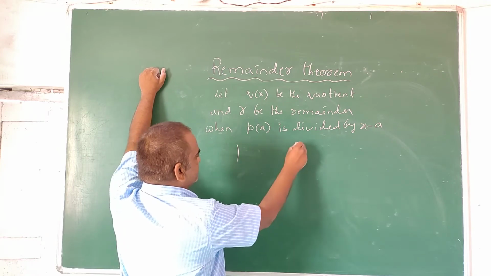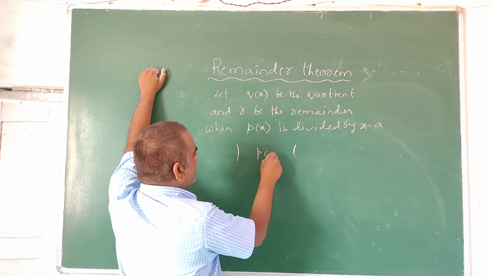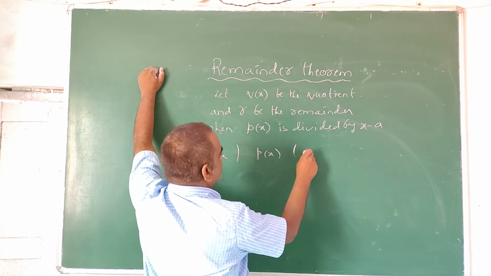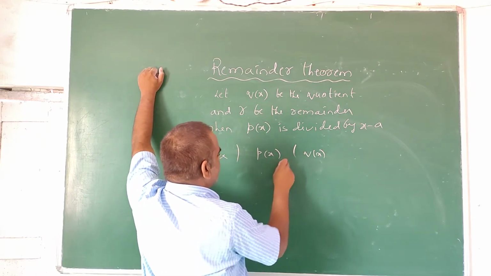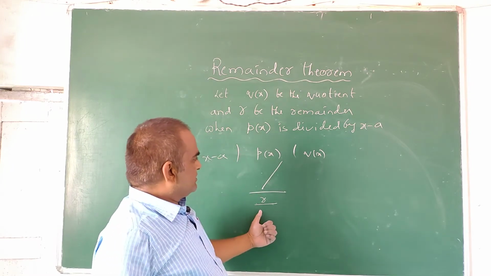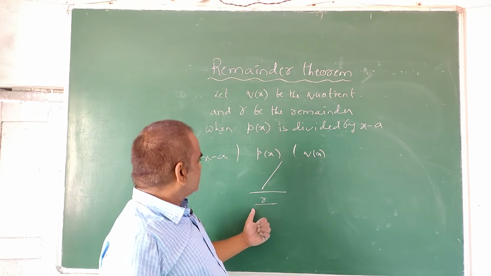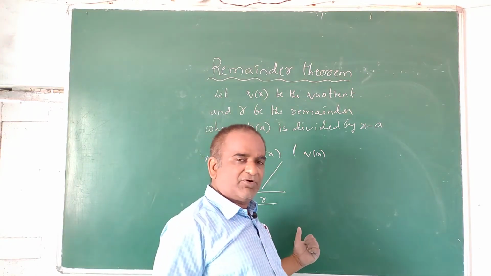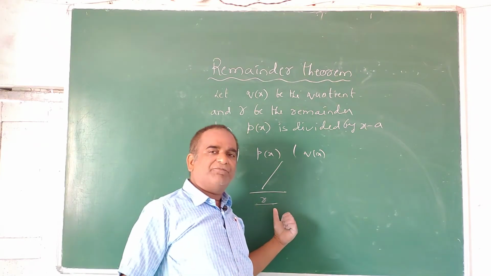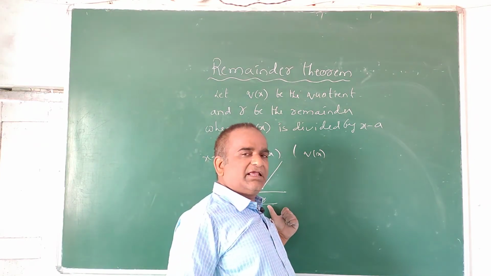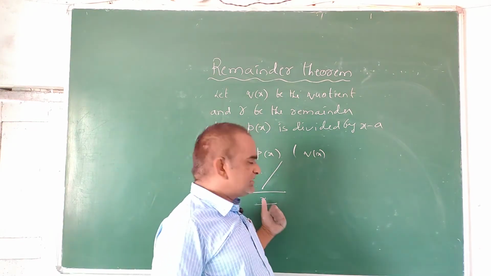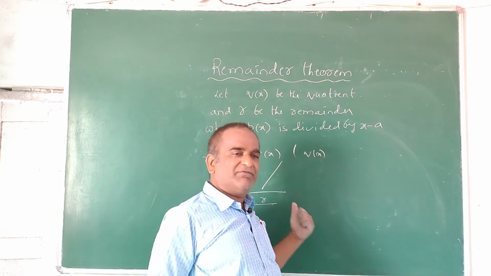So like this you see here. So here p of x, you are dividing this with x minus a, you got some quotient q of x and the remainder r constant. Here the remainder is constant. We can support our argument. See here, always the degree of the remainder is strictly less than the degree of divisor.